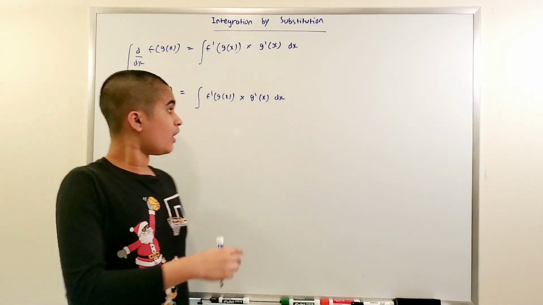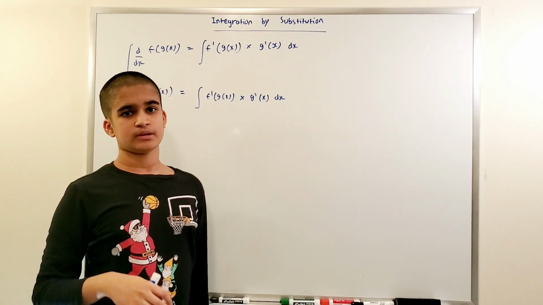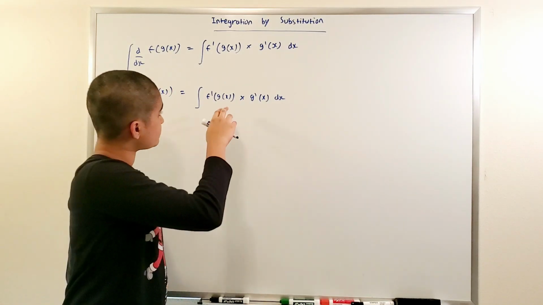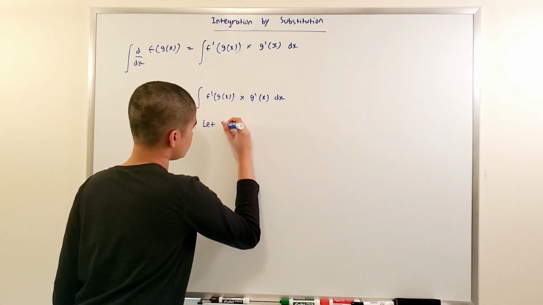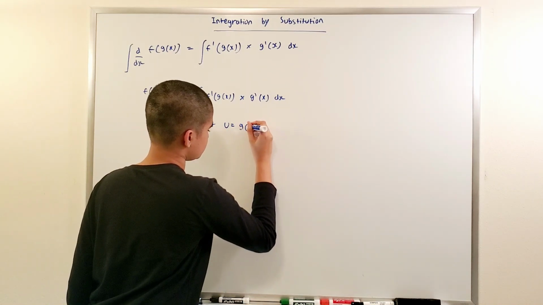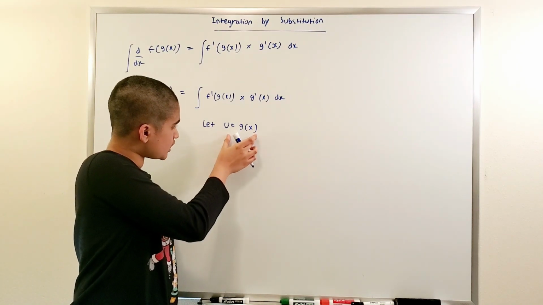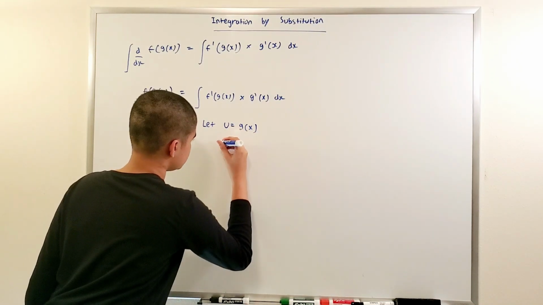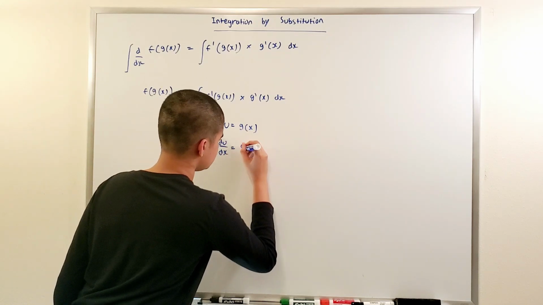Now, how are we supposed to integrate the right-hand side of this equation? In order to do so, let me take g of x and let u equal to it. Now, let me differentiate both sides of this equation to get that du by dx is equal to g dash of x.